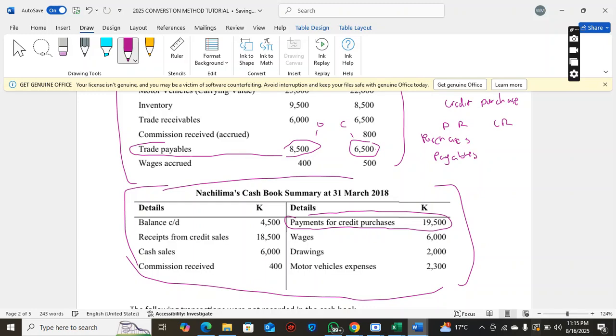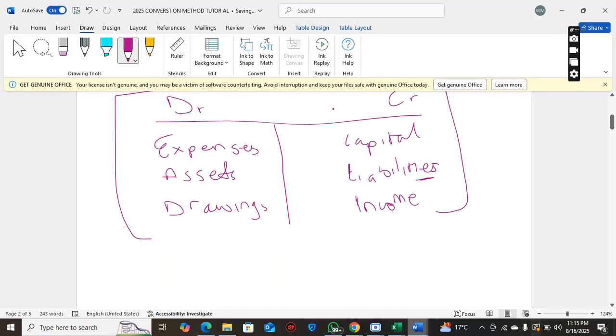Why are we debiting purchases? Purchases is an expense according to the double entry rules. Increase in an expense, you debit. And according to the accruals concept, whenever you incur an expense, even though money is not exchanged, you need to record.